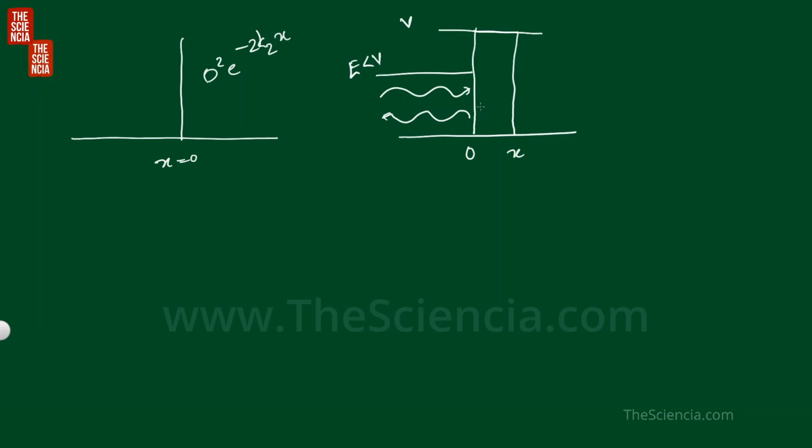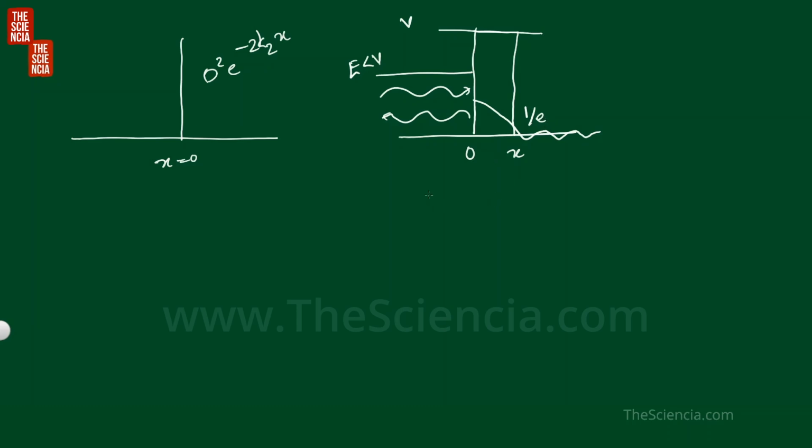In the region x greater than 0, we got a wave function which is exponentially decreasing. So there is a probability of finding a traveling wave in the region where x is greater than 0 if the width of the wall is finite. And if the amplitude of the wave at position x is 1 by e times the initial value, then we can find the x value.